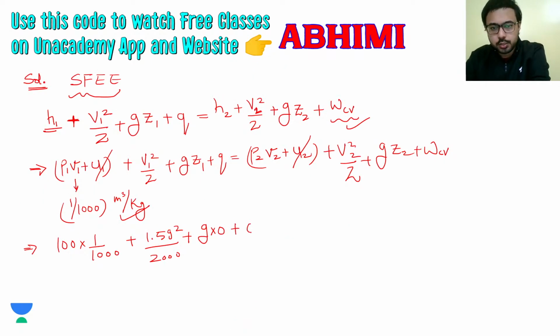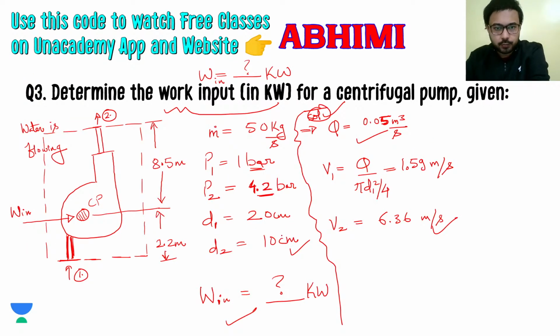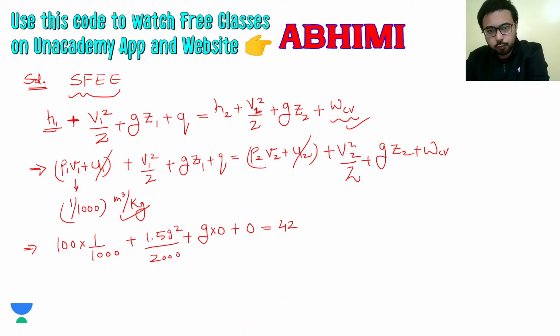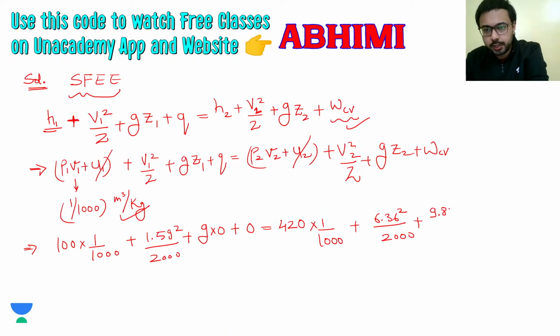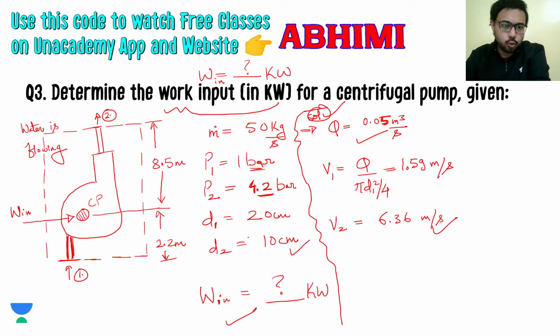So Q is going to be 0 because there is no heat transfer given in the question, and P2 will be 420 kilopascal. The specific volume 2 will be similar, and V2 will be 6.36 whole square divided by 2000 again, and now we will have G as 9.81 into 2.2 plus 8.5, that will be 10.7.